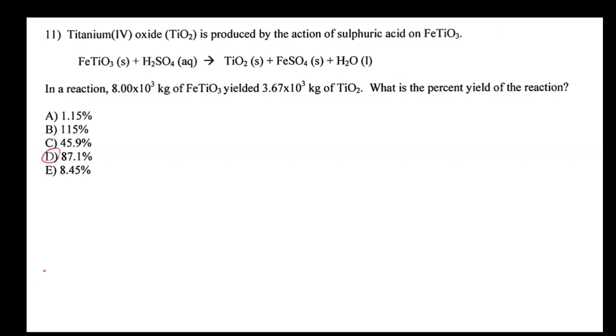So this presents us with a lot of information off the top, obviously, but I like to figure out a roadmap. They want the percent yield of the reaction, so that is going to be our final part in our roadmap. And the beginning part they give us is, they said this much yielded that much.